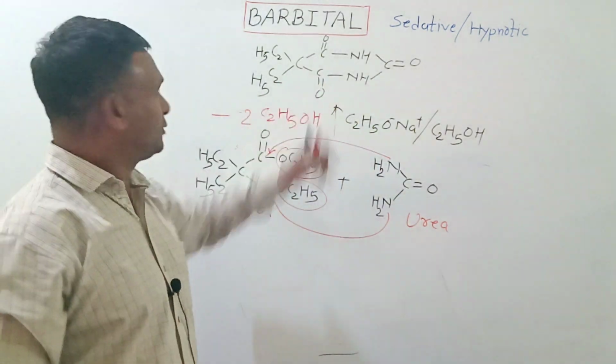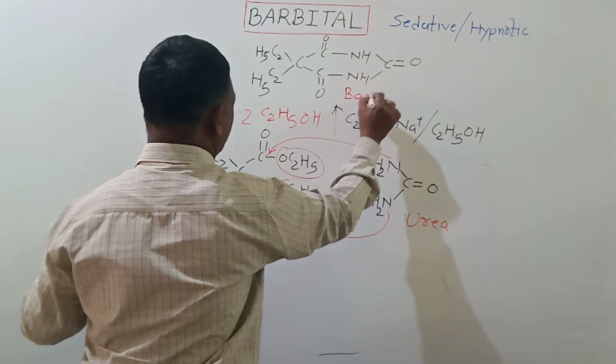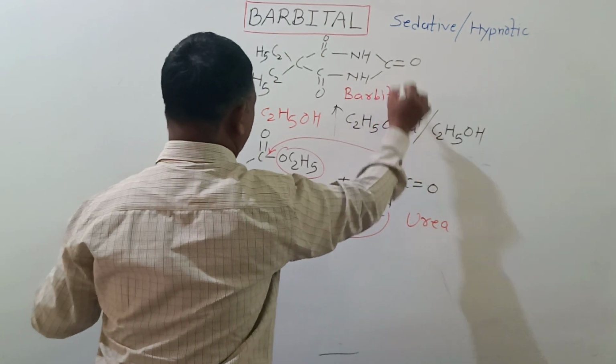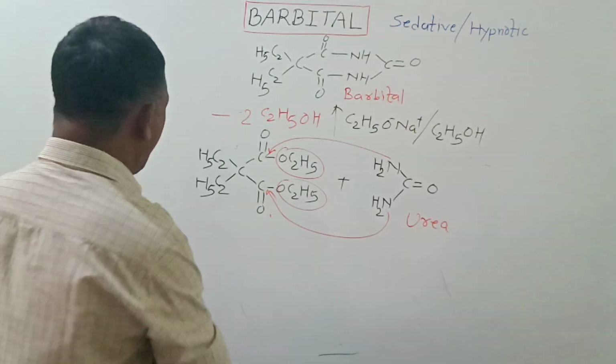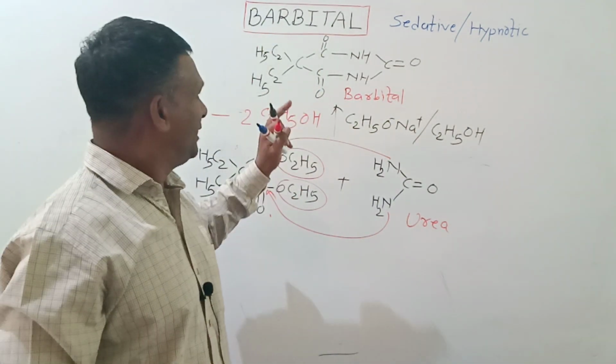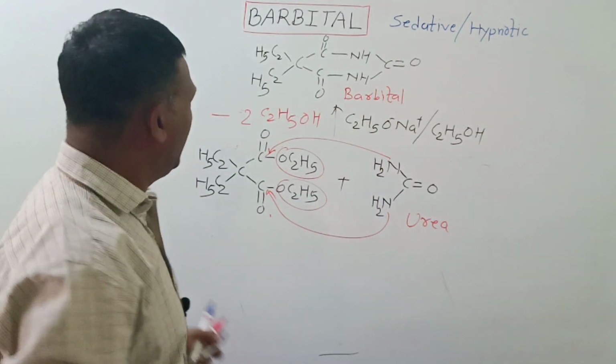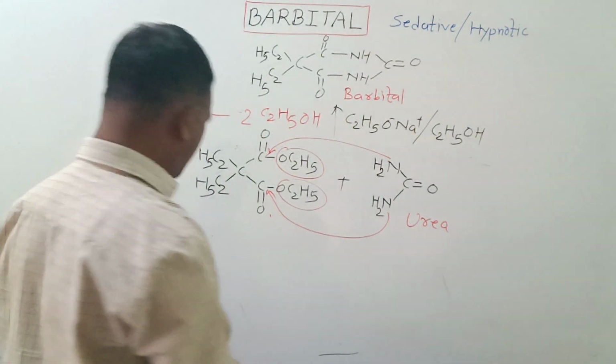This product is called barbital. Barbital exists in a tautomeric form with one of its structures.